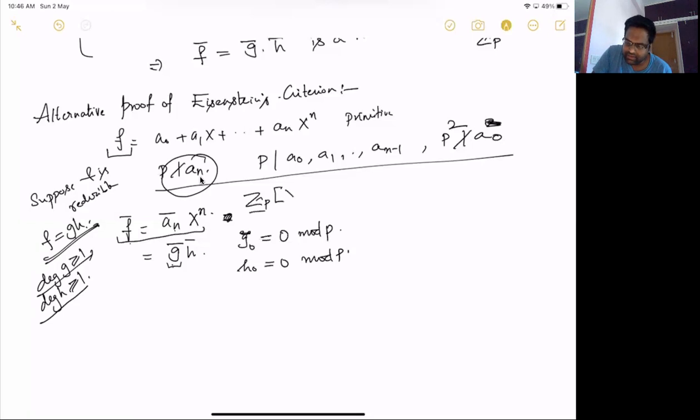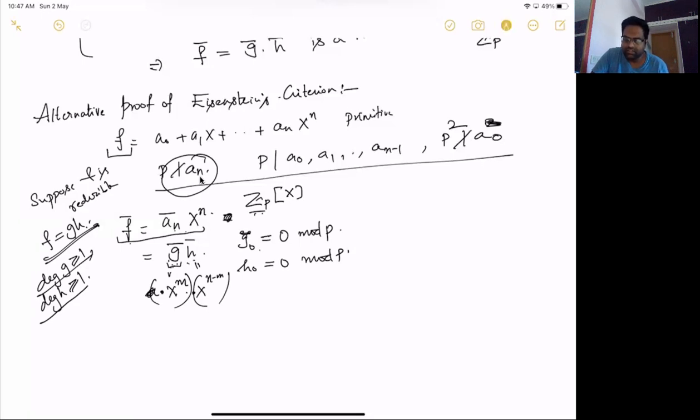So Zp[x] is a PID. In fact, in particular, it is a UFD. Therefore, G bar must be of the form x to the power of n minus m, with some other coefficients and units. But we know from this that the constant terms of G bar and of H bar must be 0.